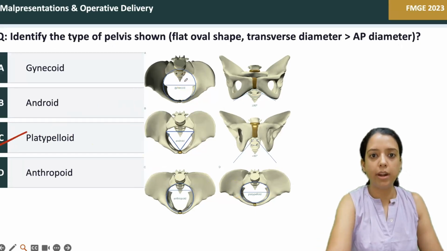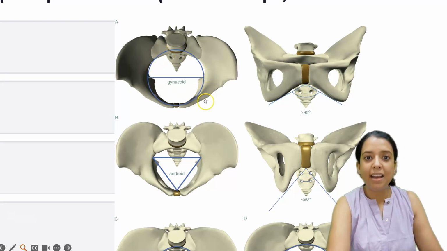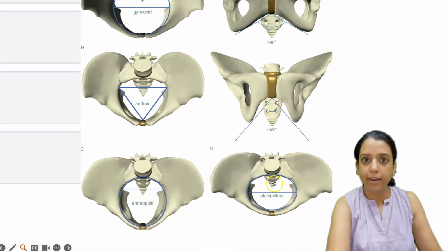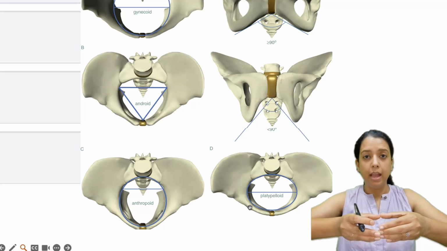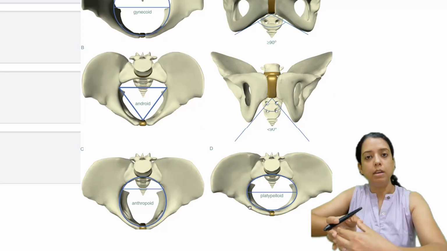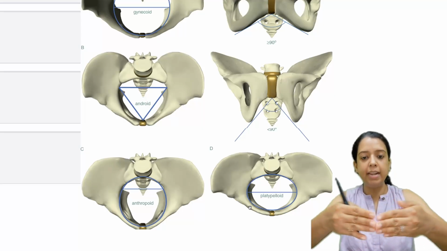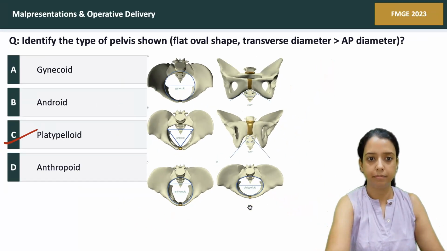Gynecoid, see here, the inlet is rounded. It's not flat. Whereas platypelloid, can you see flatness here? And it is transversely oval. Anthropoid is AP, anteroposterior. Android, heart shape, anteriorly angulated. Okay, like in these images.